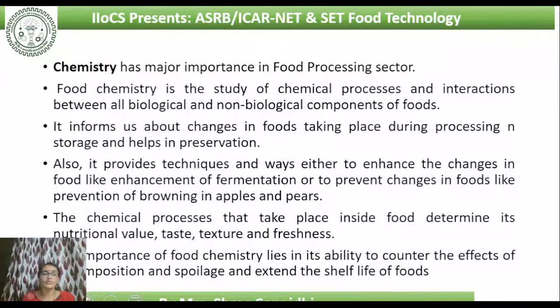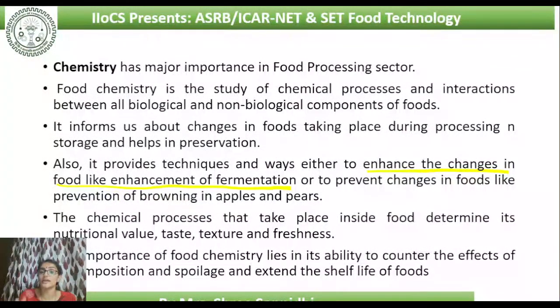So if we have the proper knowledge of food chemistry, we will be able to enhance or improve the changes in foods, like enhancement of fermentation. We can increase the fermentation process by adding a little more sugar to some fermenting product.